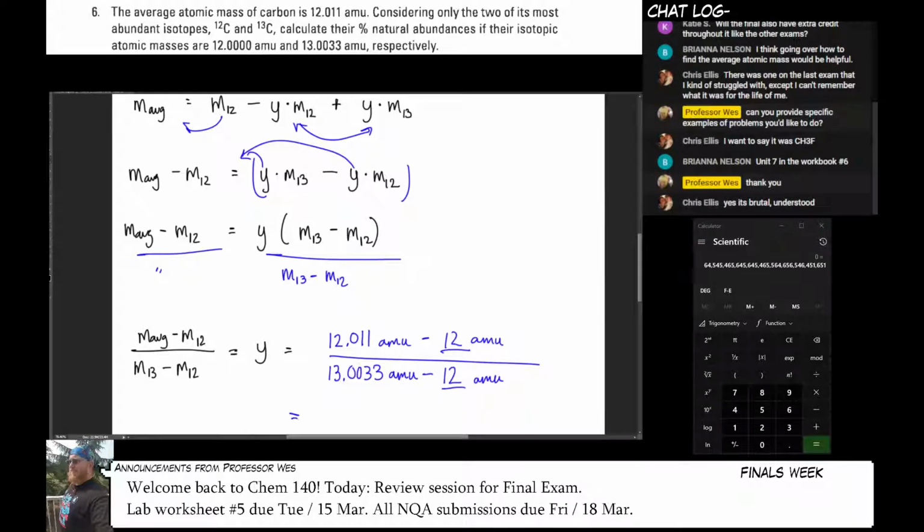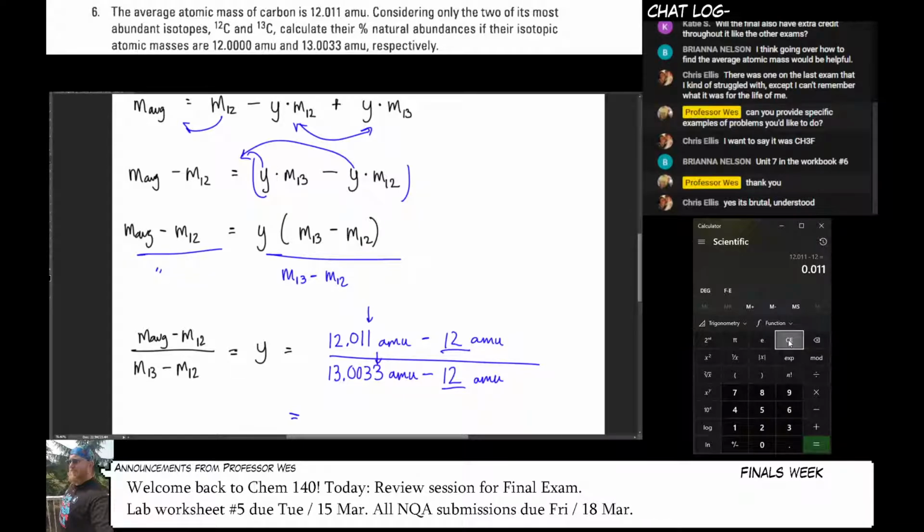All right, since these are exact numbers, that means that I'm going to be able to keep to whatever decimal place that I had here. So that would be the thousands place and the 10,000s place. So when I go to this here, 12.011 minus exactly 12. Oops, I have this crazy number in here because I was just hitting buttons.